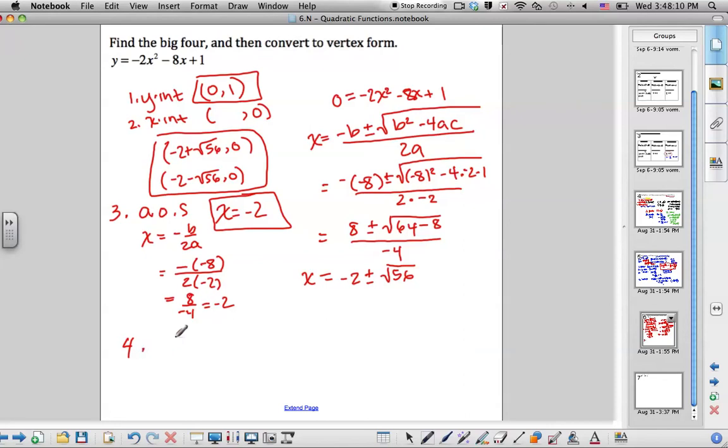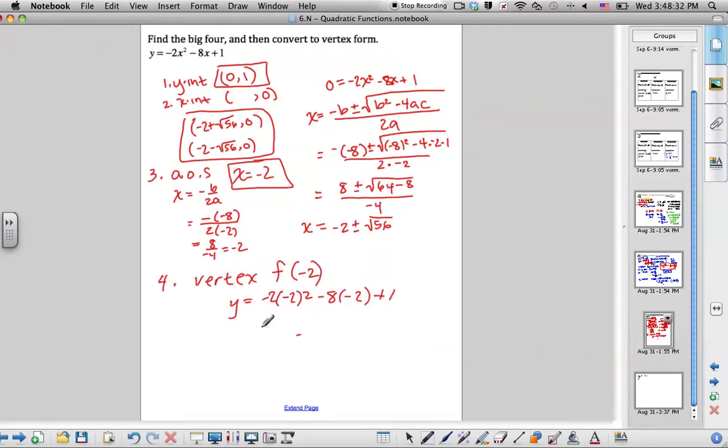Okay, so now to find the vertex, we're going to simply find f of minus 2. We'll just use our equation. y equals minus 2 times minus 2 squared, minus 8 times minus 2, plus 1. Hope you guys are watching carefully because there's a lot of places that we could be making mistakes.